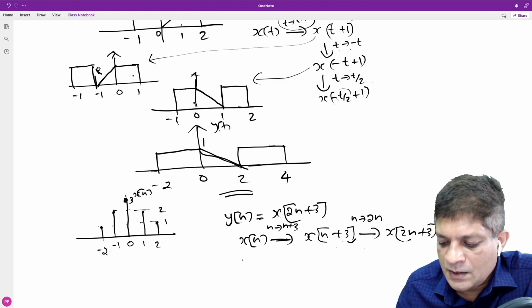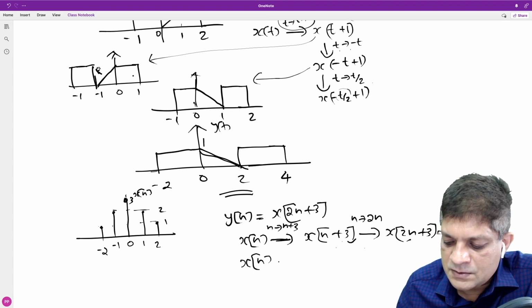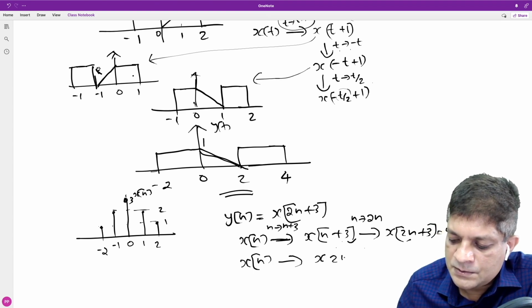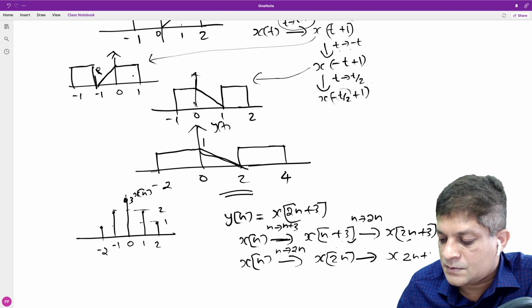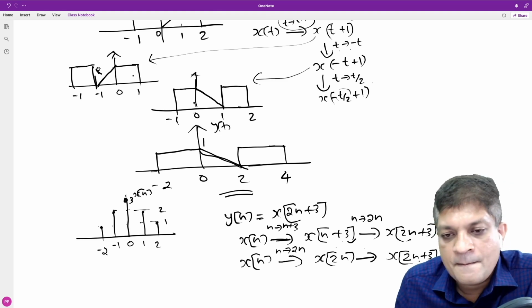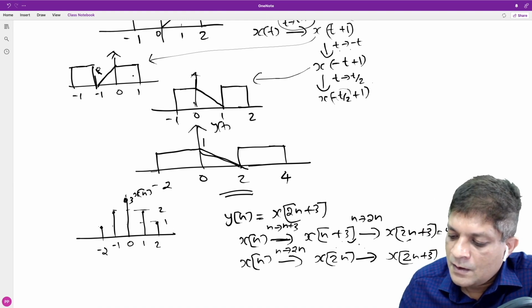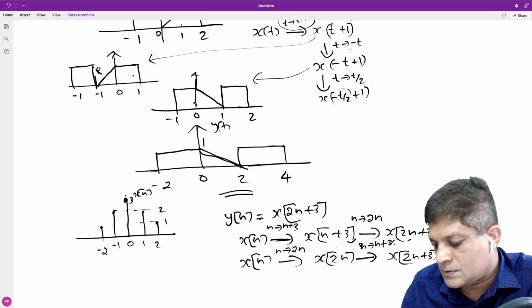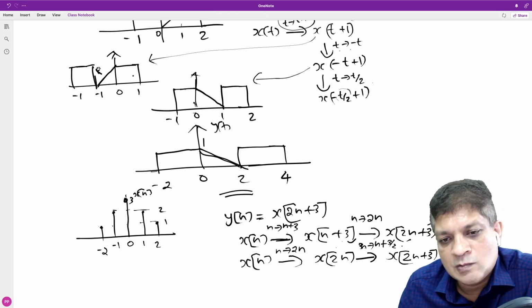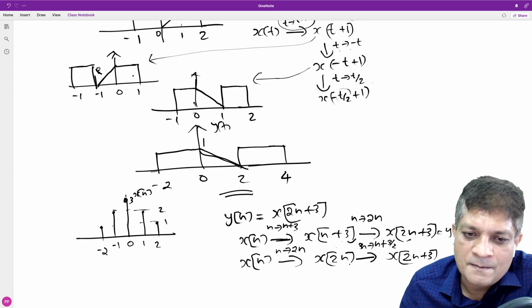Now if we do the scaling first, starting with x[n], we get x[2n]. Then how to get x[2n+3]? Shift by 3/2. But does it make any sense, shift by 3/2, because this is a discrete time signal?